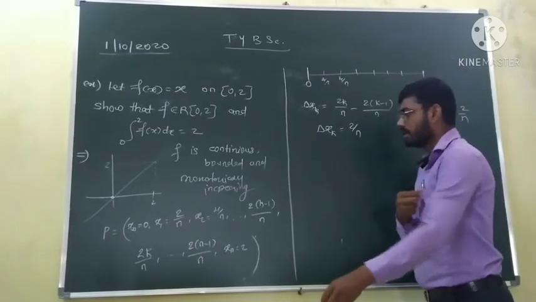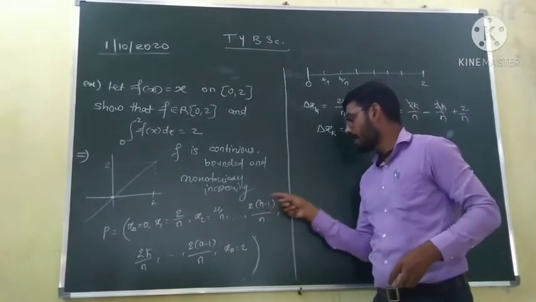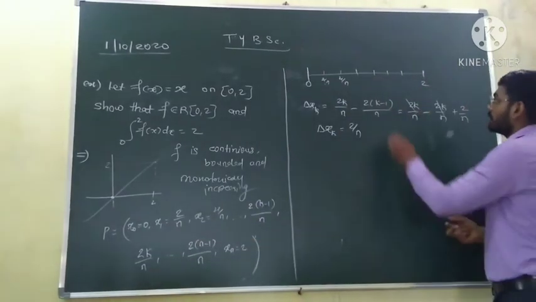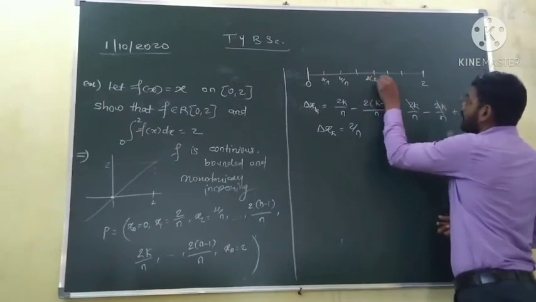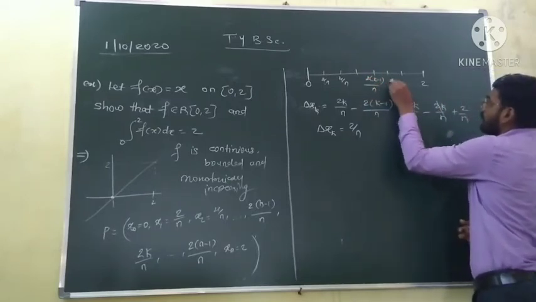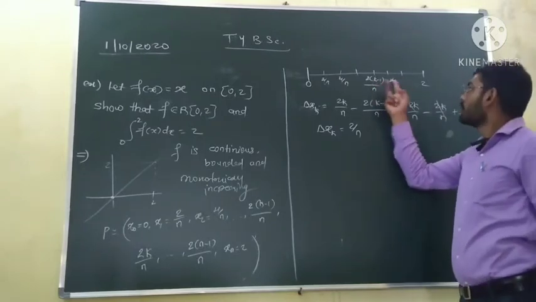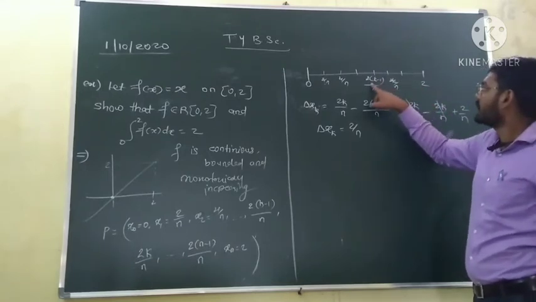In the kth subinterval, which is from 2(k minus 1) upon n to 2k upon n, 2k by n is the highest value in this interval, and 2(k minus 1) by n is the minimum value.